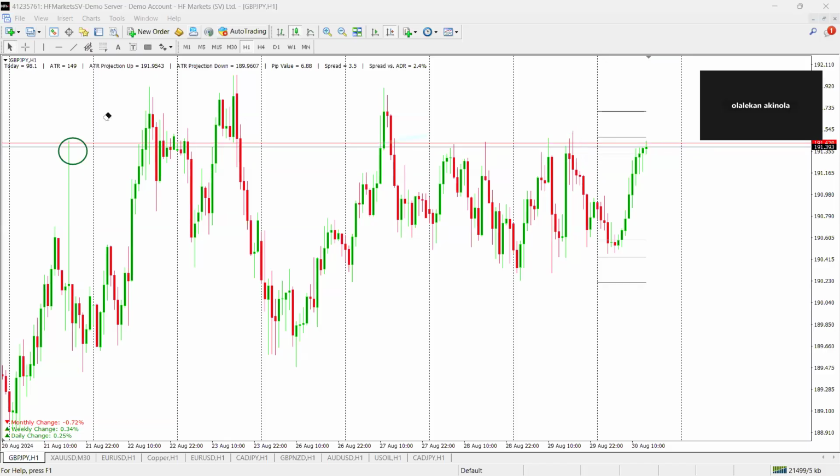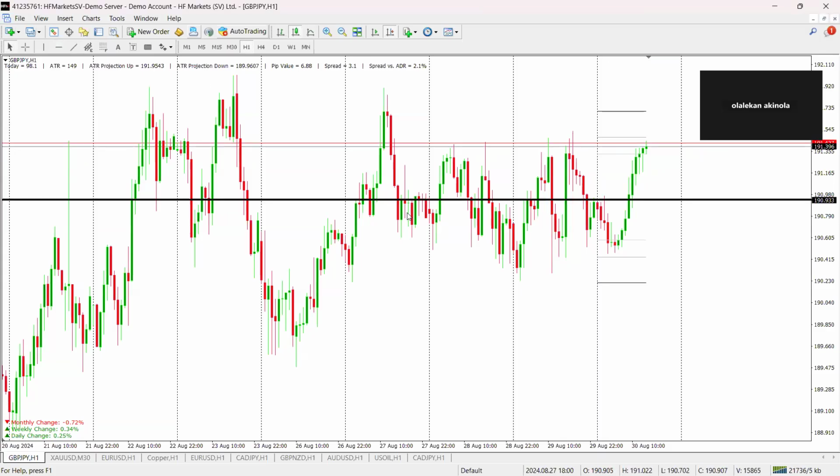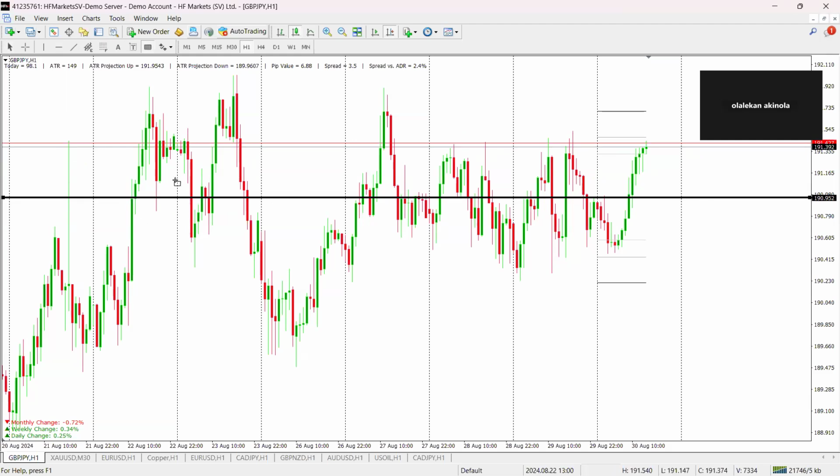Look at something here. For those who know the concept of support and resistance very well, you'd see that this was a mid-level resistance somewhere around here. Although scattered, yes, that's a mid-level of resistance somewhere around here.